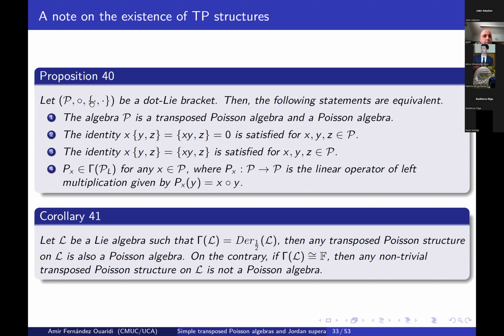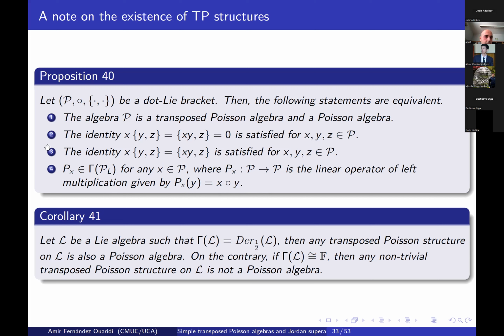If we have a dot-Lie bracket, then the algebra P is a transposed Poisson algebra and a Poisson algebra if and only if the identity of Witt et al. is satisfied, if and only if this identity here without the 0 is satisfied, if and only if we have that P_x, which is the linear operator of multiplication of the associative commutative circle, is in the centroid for any element in the algebra.